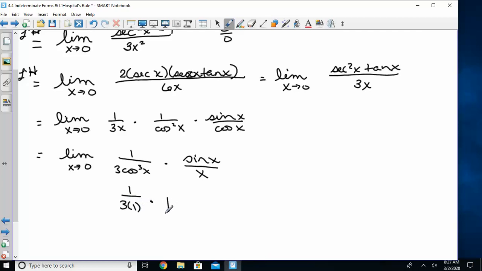This piece goes to 1, we had a rule a long time ago. Cosine of 0 is 1, so this whole thing turns into 1/3. So just don't get stuck thinking that L'Hopital's is your only option. Okay? There are other things that we can still do. It's just been a while since we've used them.